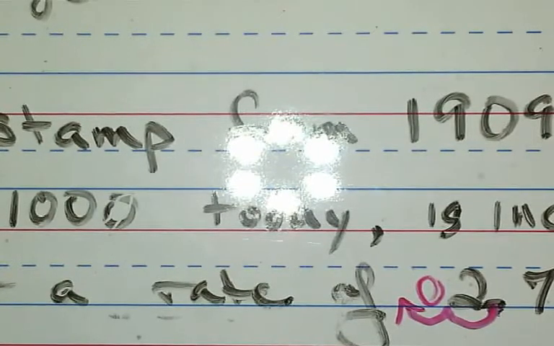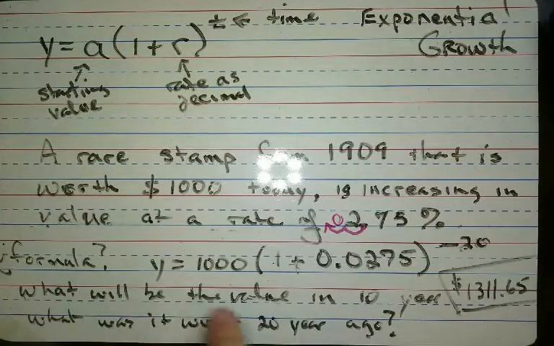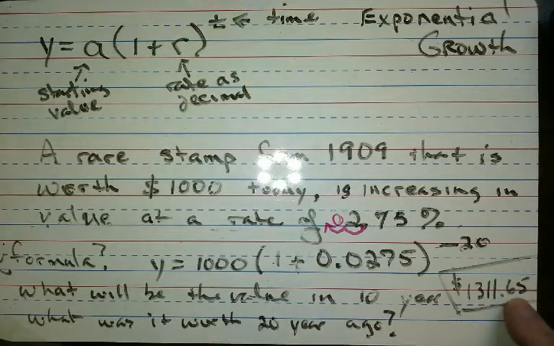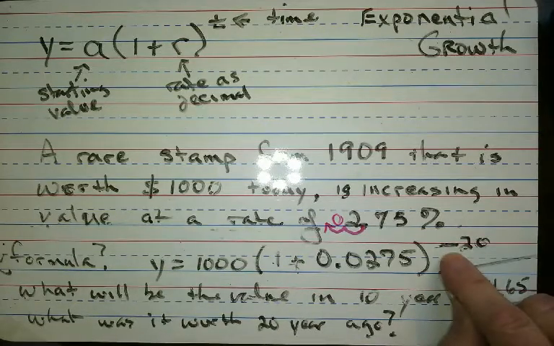I just put negative 20 as my exponent. So we got, what will the value be in 10 years? $1,311.65. What was it worth 20 years ago? Well, all I have to do is put the exponent to be negative 20. And I got it.